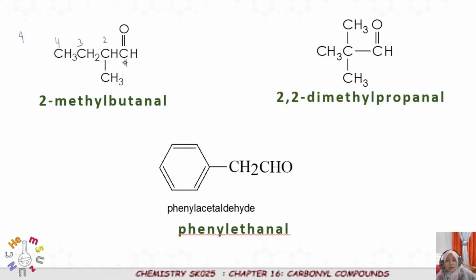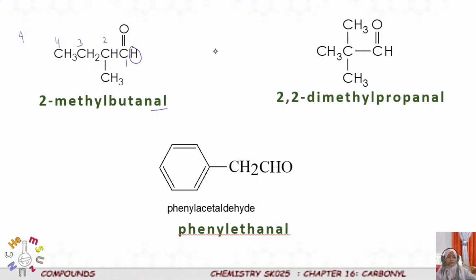So carbon number 1 is given to the C double bond O, then carbon number 2, 3 and 4. At carbon number 2, we have a methyl group, so we name it 2-methyl butanal. Why butanal? Because next to the C double bond O, we only have hydrogen.